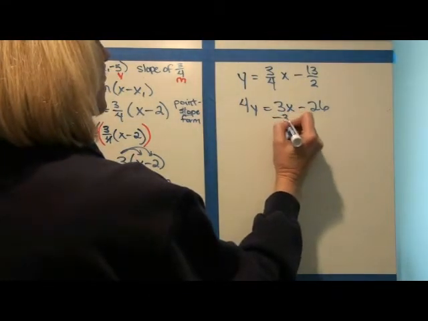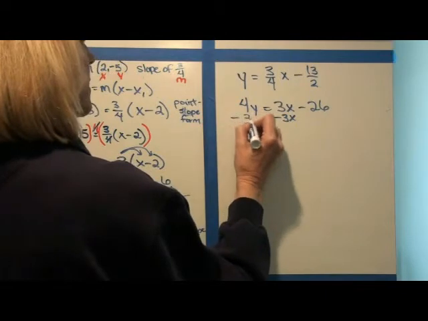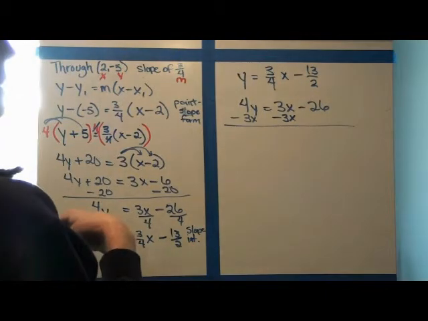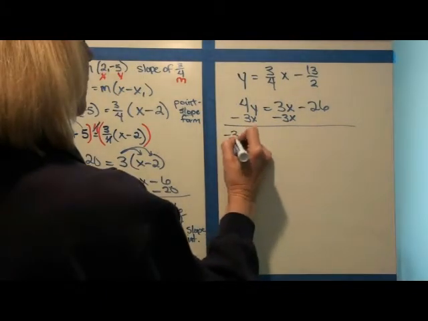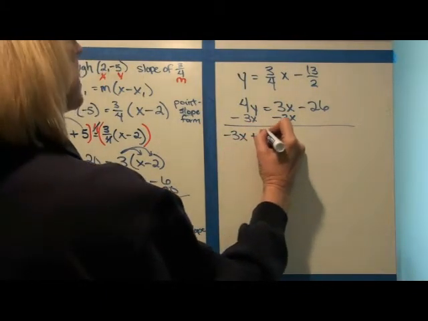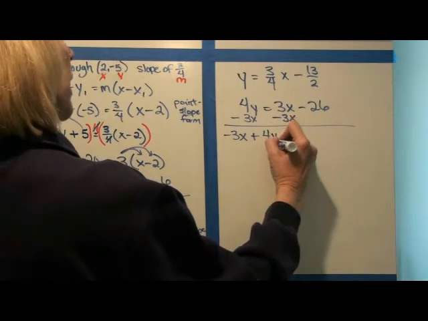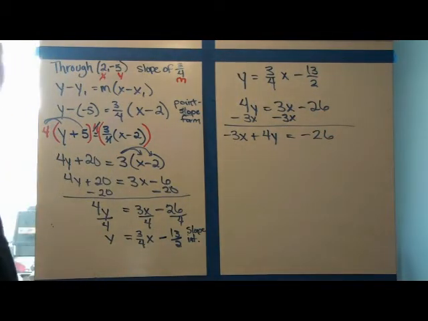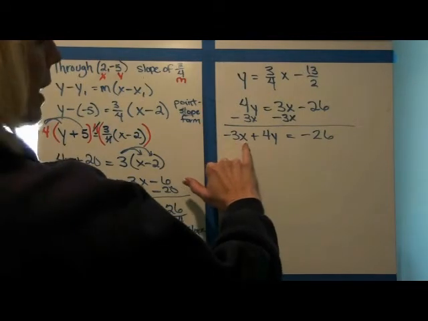Then we are going to move the x. This is the main step right here. Move the x over onto the left. So we have negative 3x plus 4y equals negative 26. It's also usually desirable to not have a negative coefficient with x.